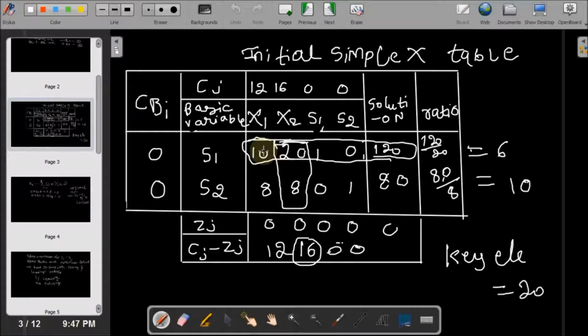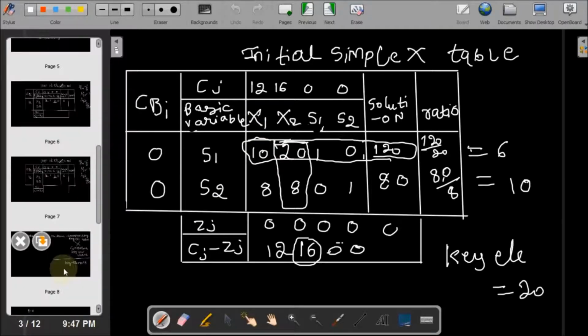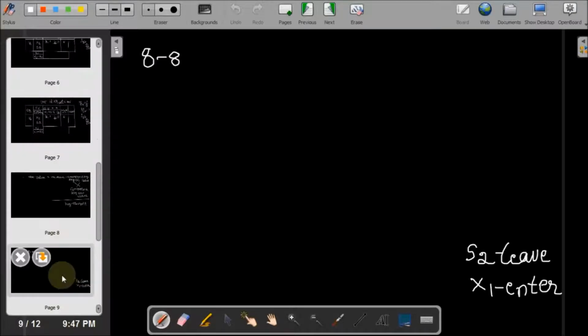This is the corresponding row value. 10 is the corresponding row value for this. 8 is the old value, right? The corresponding row value is what? 10. Right? So you have to write 10. 8 minus 8 into 10. So into 10. 8 minus 8 into 10.